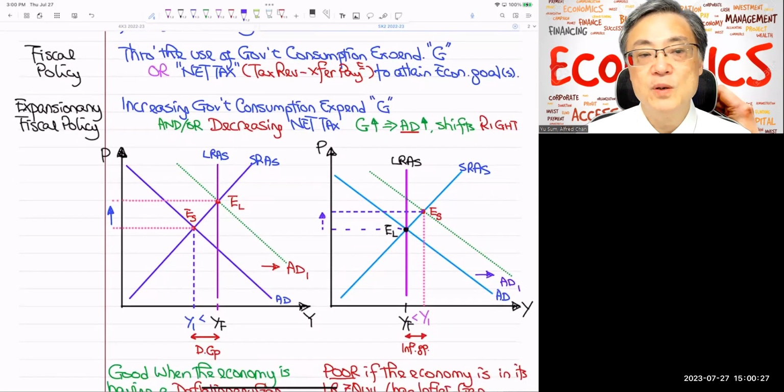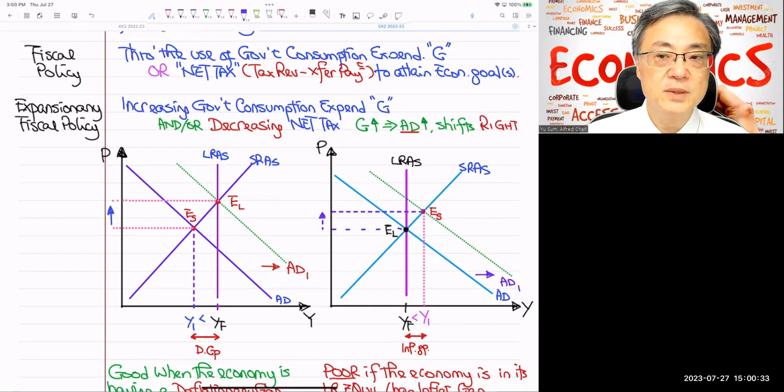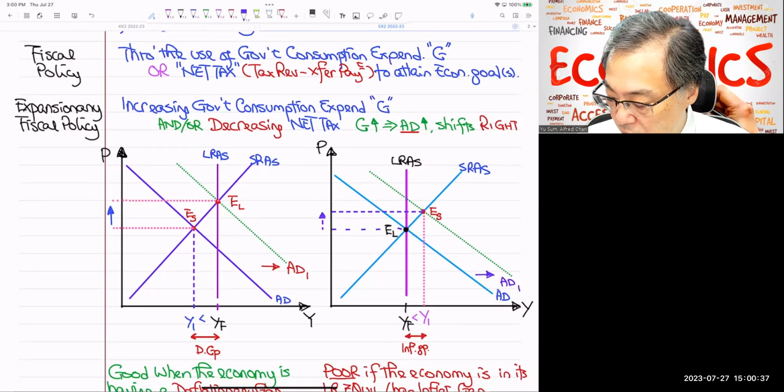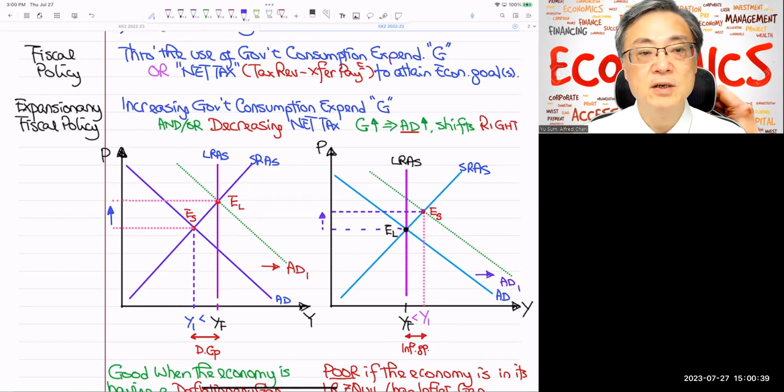Now, fiscal policy in a simple way is that the government, through the use of government consumption expenditure, so that is G we are talking about. It's not public expenditure we are focusing on, because public expenditure may include transfer payment, which is not included in G. And in that case, we can't say anything about the AD curve.